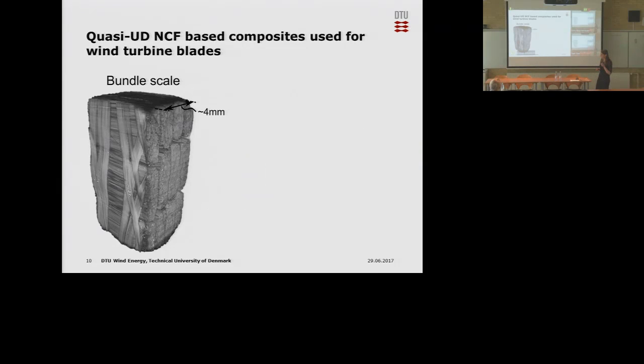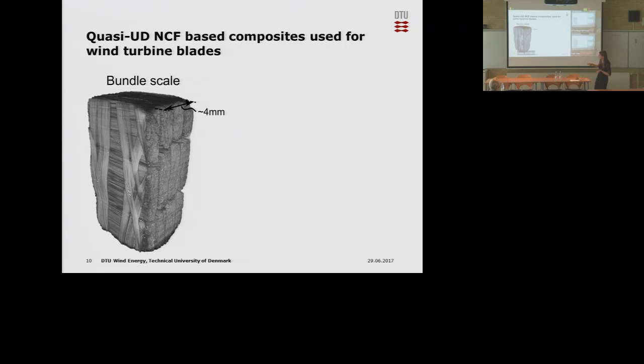And now, if looking at the actual bundle structure inside the composite, so after infusing the bundles with resin, then we don't actually see this perfectly shaped bundle structure. You can see this maybe here. It's just an example of an X-ray CT image of the bundle structure, where you have the unidirectional bundles here, and you can see they're not perfectly oval shaped.